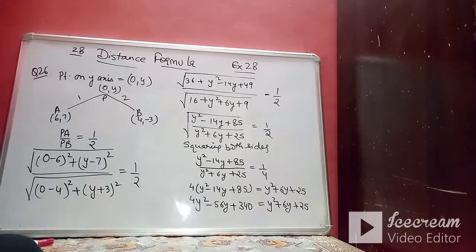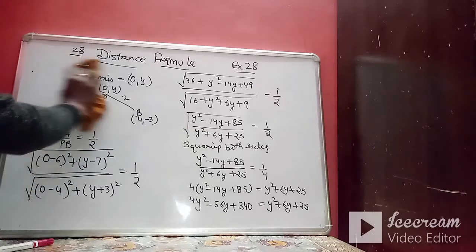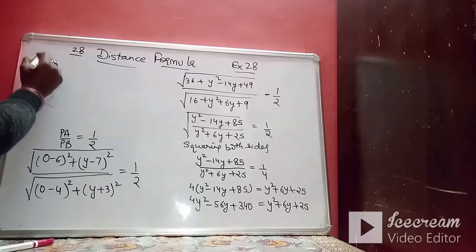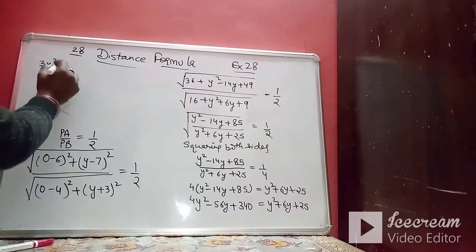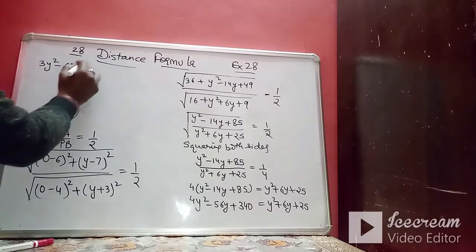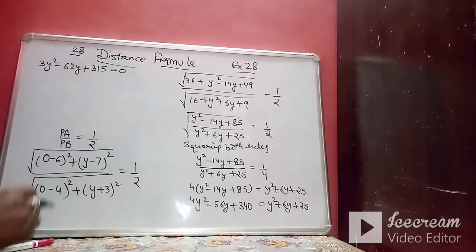Now the quadratic equation is going to form, that will be 3y square minus 62y plus 315 is equal to 0.